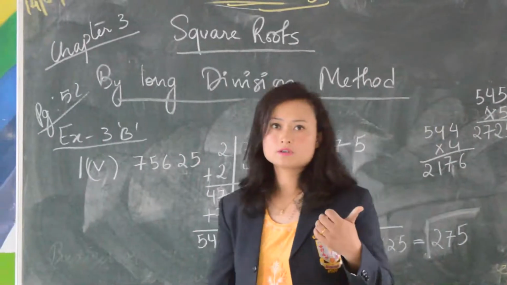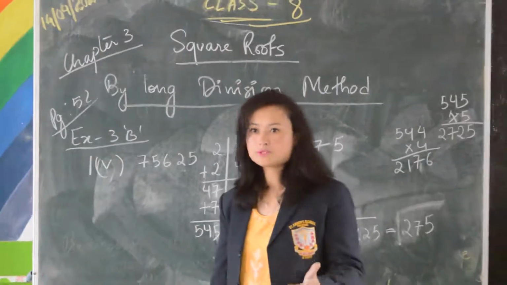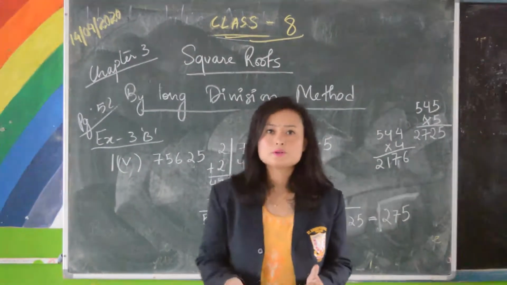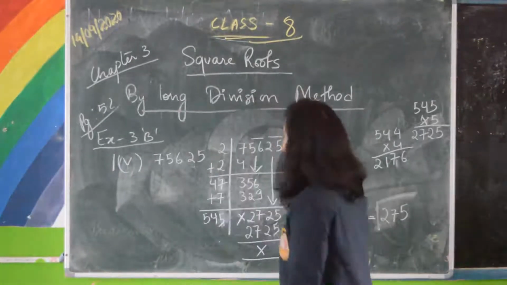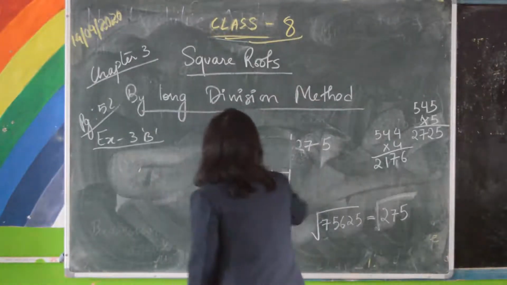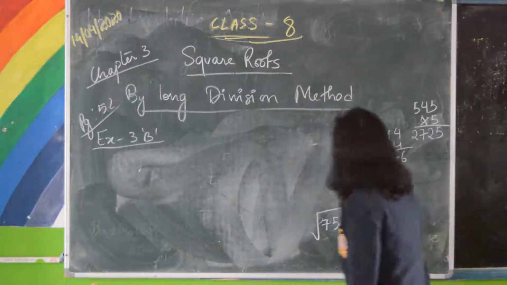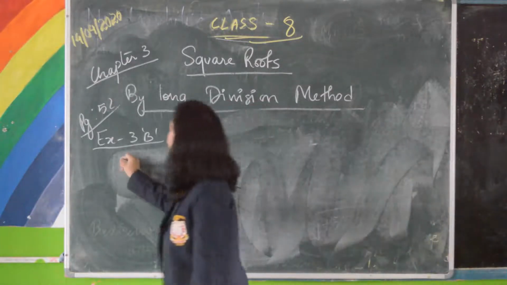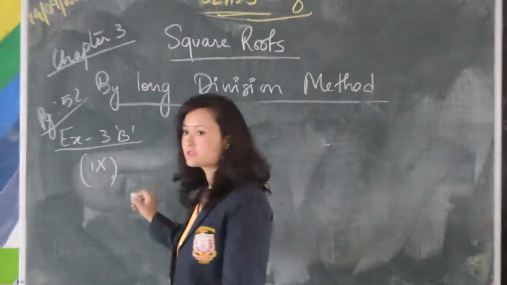And I'll be doing one more sum, and with that, we'll wrap up for today. The last sum that I'm doing is question number 9, which is given as a mixed fraction.